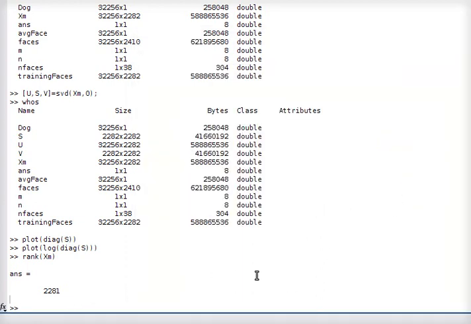So remember what we said about finding the values of this. If you square the singular values, what do you get? You get the eigenvalues. So the eigenvalues of the covariance matrix, not the SVD, is equal to the diagonal squared.